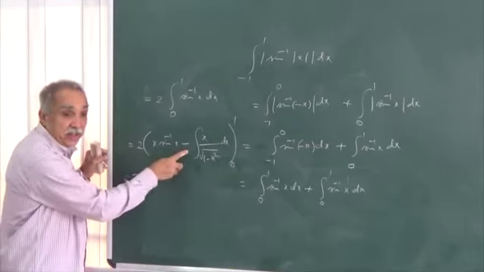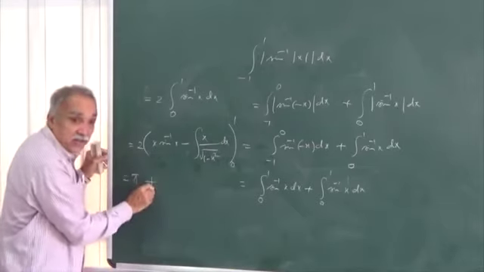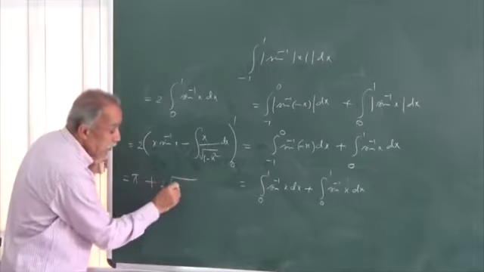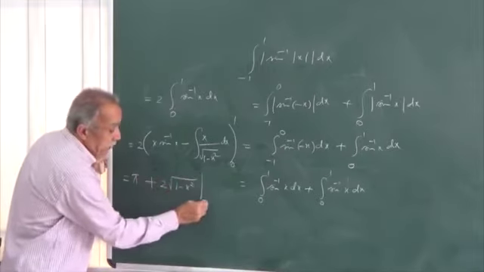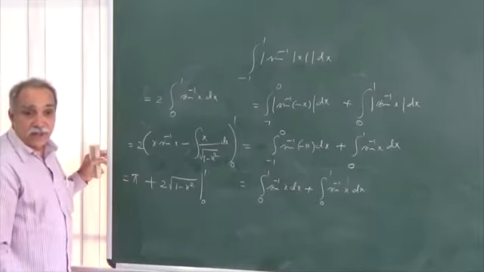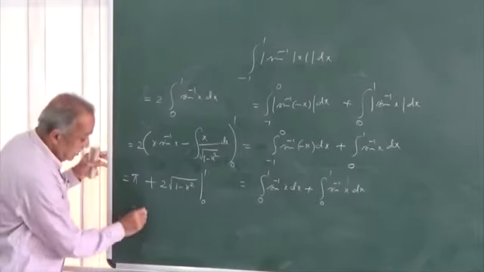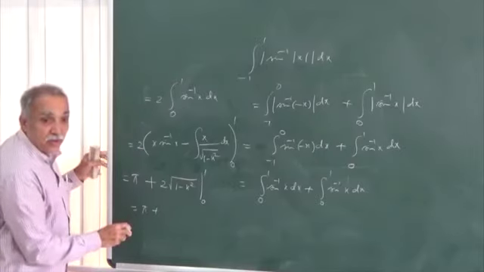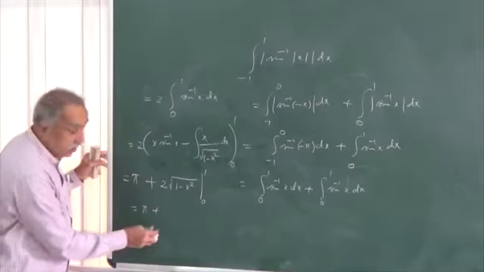Everything has been taken care of. So, plus 2 root 1 minus x square to be evaluated from 0 to 1. Agreed? Is 2 minus 2. Hello?